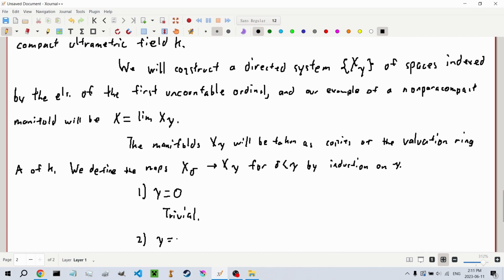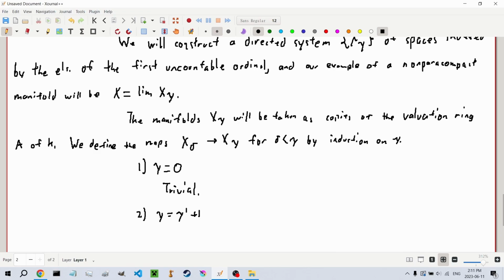Secondly, gamma is a successor ordinal, that is, gamma is equal to some gamma prime plus 1. In this case, let pi be a fixed generator of the maximal ideal m of x.